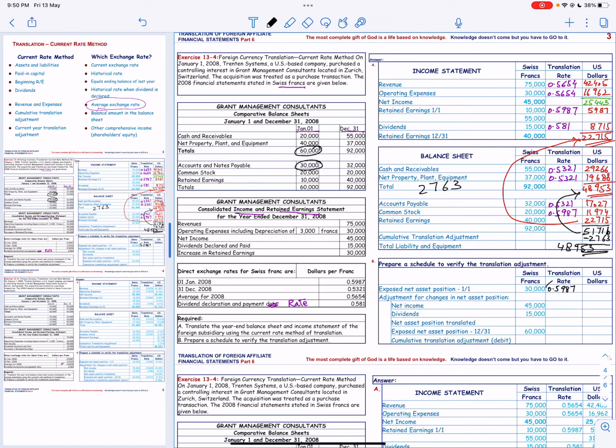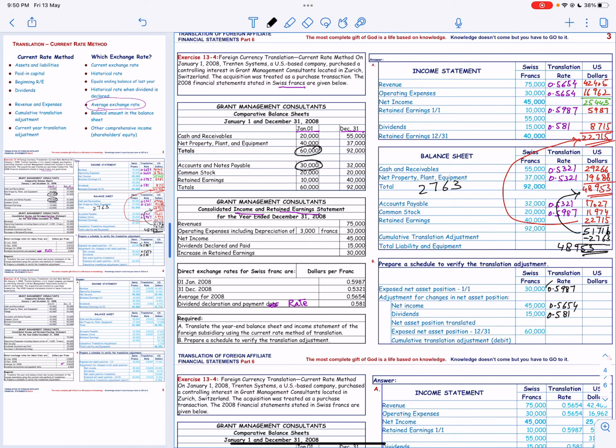The net income is 45,000 and we are going to use the average rate, that is 0.5654. The dividend we are going to use the dividend rate of 0.581.